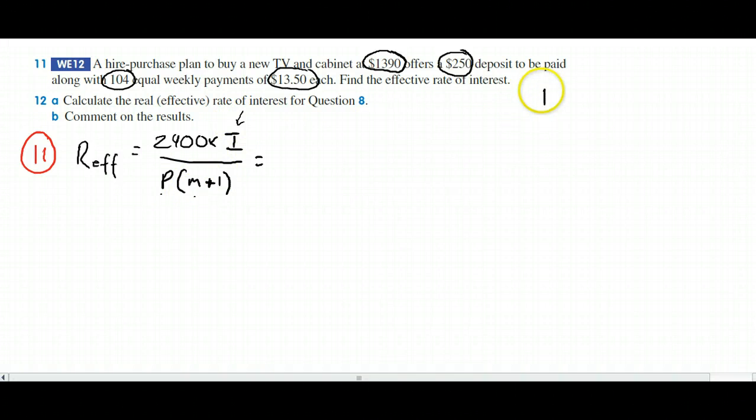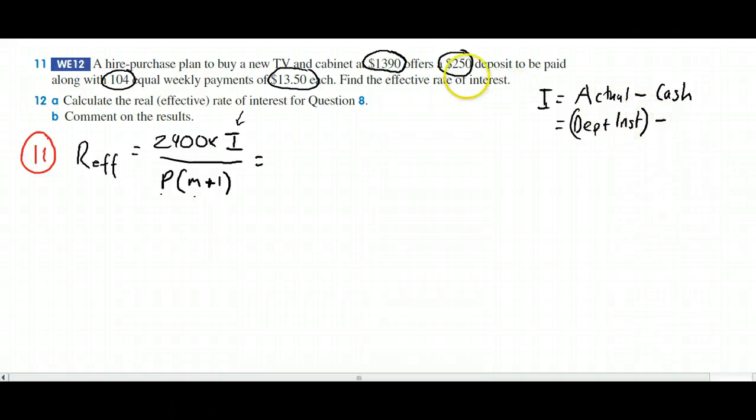I is the amount of interest that gets paid, and to work that out we need to work out how much is actually paid for the item, minus the cash price, the normal upfront price. So the actual price is going to be the deposit plus the installments, and the cash price we were told at the beginning is $1,390.